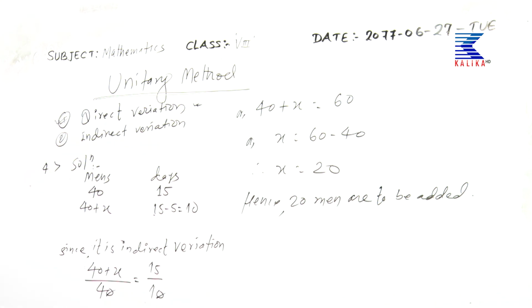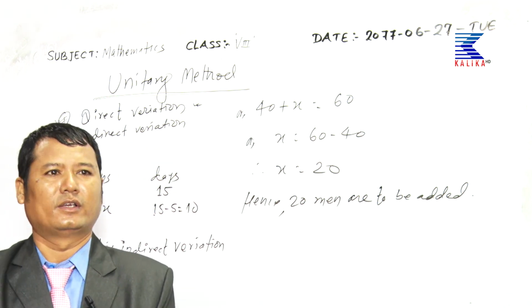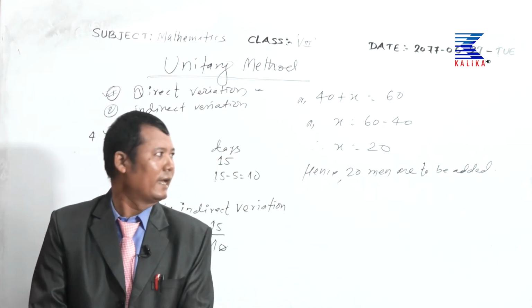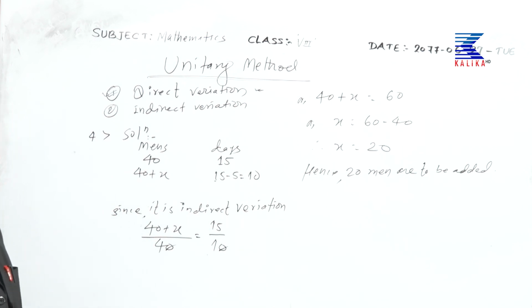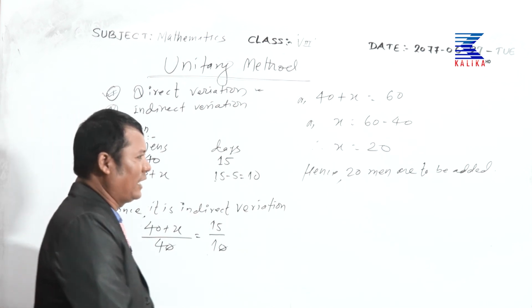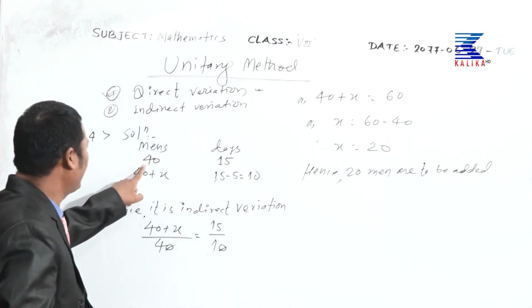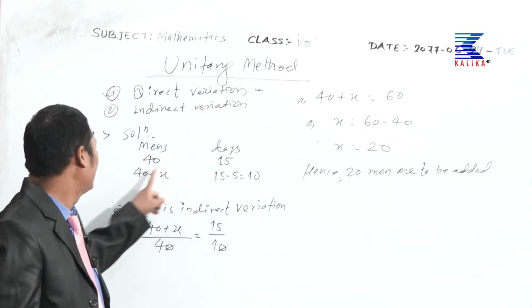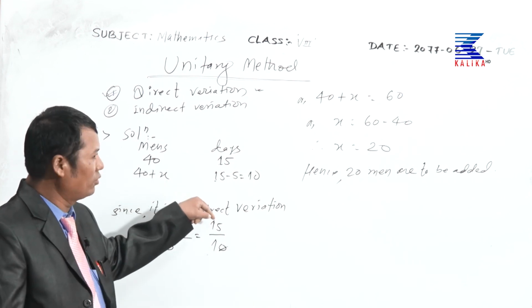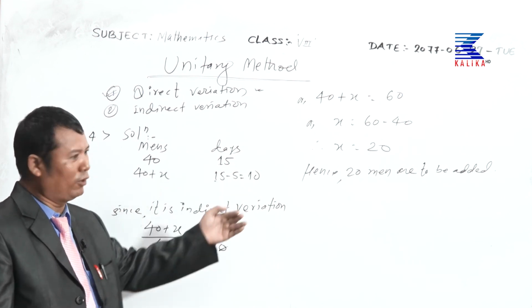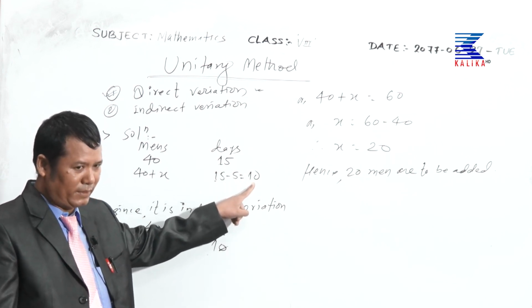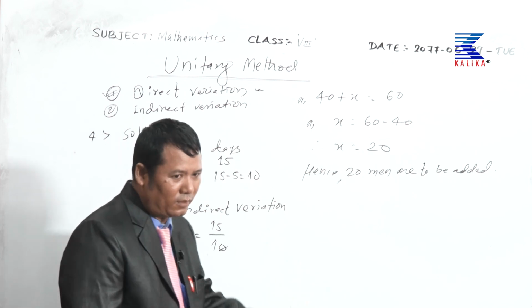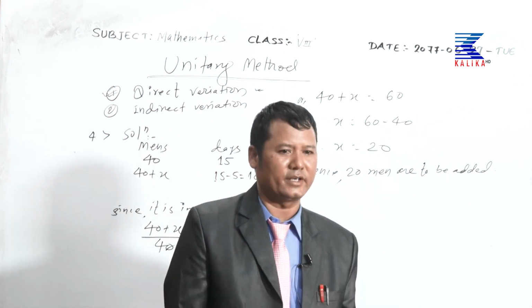Once more please, the question says 40 men can complete the work in 15 days, and how many men are to be added if the work is to be completed 5 days before? 40 men, days is 15, and 40 plus x. 5 days before means 15 minus 5 is 10 days, the work completed within 10 days.